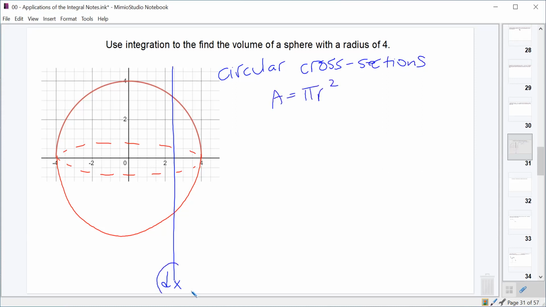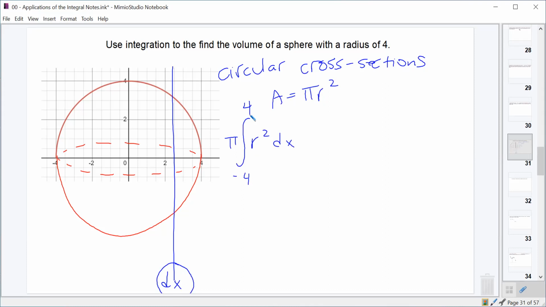And since the width is dx, all we would need to do is integrate pi r squared dx from the left bound of our region to the right bound of our region, from -4 to 4. But we can't do this because we have two different variables, so we have to find a way to turn r into terms of x.